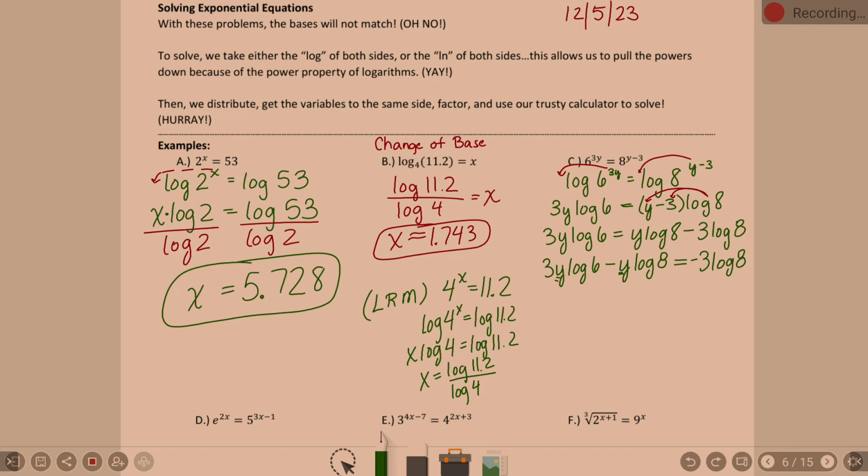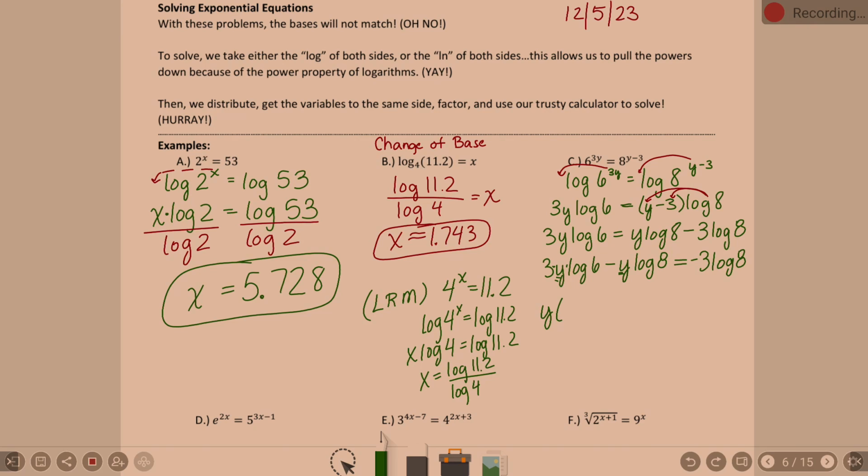Both terms have a GCF of y. Okay? So what we're going to do with those two terms, since we have all of our y terms on the left, is factor out a GCF of y. So I'm going to put a y out front. When I factor out y, so if it is 3 times y times log 6, you with me? It's 3 times y times log 6.